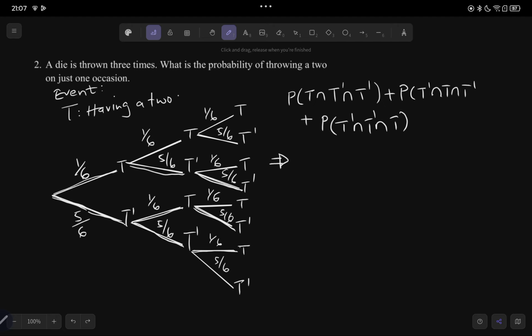So the first branch, it was 1 out of 6 times 5 out of 6 times 5 out of 6. The second one, following the branches, it was 5 out of 6 times 1 over 6 times 5 out of 6. Then the third one is 5 out of 6 times 5 out of 6 times 1 out of 6.